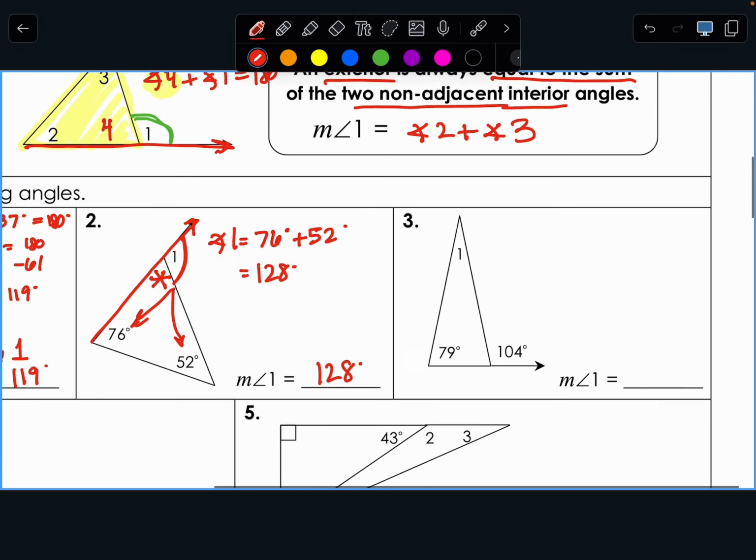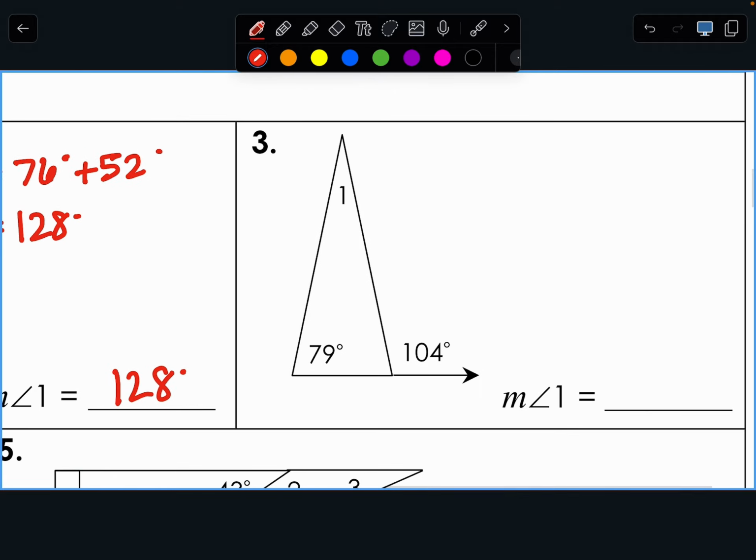So what happens if it looks like number 3? I still want you to get in the habit of writing the problem just like this, okay? Angle 1 plus 79 equals 104. It's the 2 on the inside equal the 1 on the outside. If you get in the habit of setting up an equation like that, then you won't add 79 and 104, but you will remember to subtract.